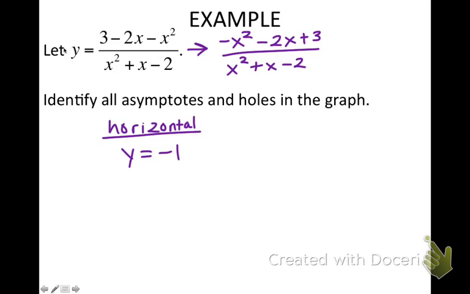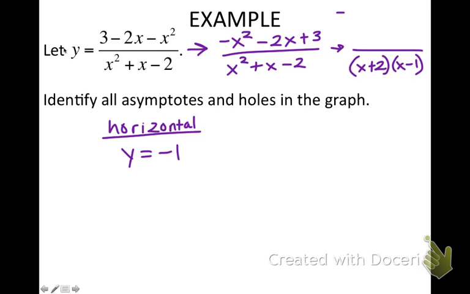Okay. So now let's go ahead and factor everything. Let's factor the denominator first. What does that factor to? x plus 2, x minus 1. For the numerator, let's factor out a negative 1 first.